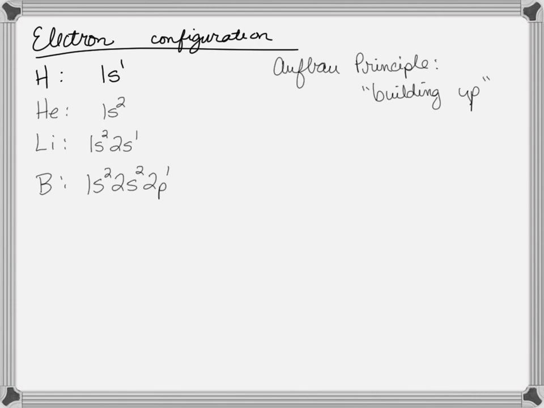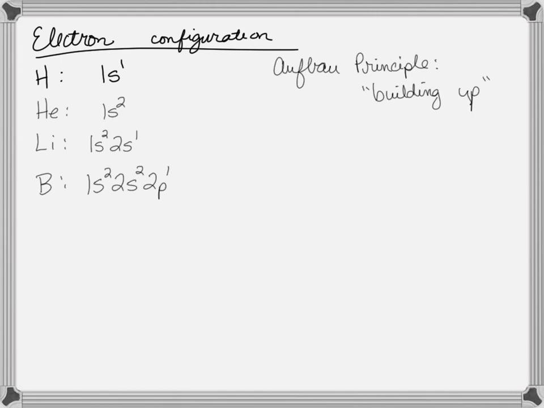In other words, maybe you're not there yet, but you're going to get there. Maybe you can look at the periodic table and you can tell that boron is a 2p1. But the Aufbau principle says that's not how we do it. We don't say boron's 2p1, carbon's 2p2. The Aufbau principle says we start 1s2, 2s2, 2p1. We build up to it.